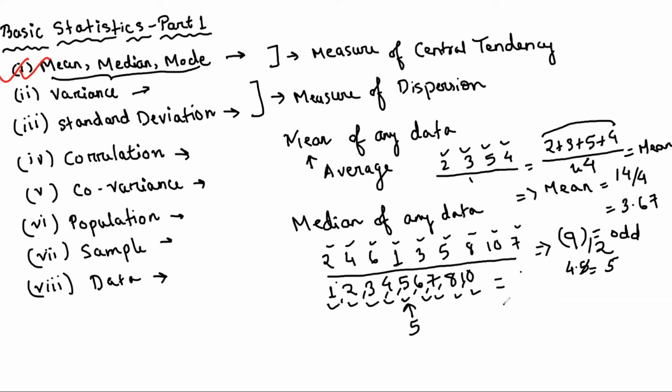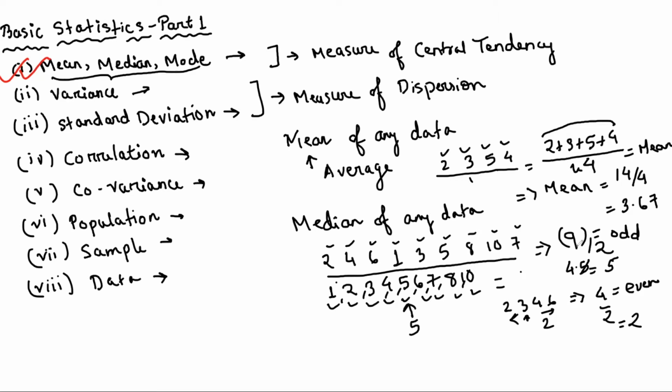So for example, let's say 2, 3, 4, 6, right? In this case, how many observations are there? 4. 4 is even. So if you divide 4 by 2, it is 2, right? So it should be 1, 2. But you see how many observations are there? 1 observation on the left hand side. How many observations on the right hand side? 2. There is an imbalance, right?